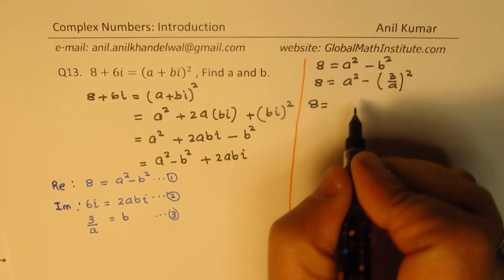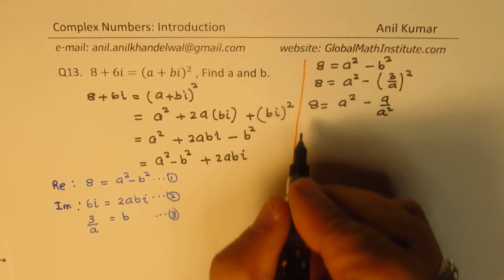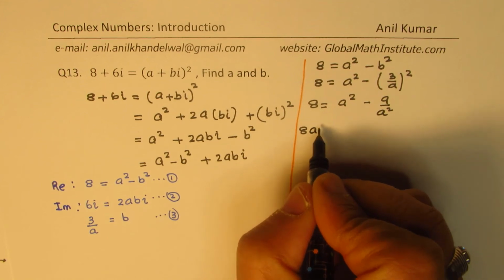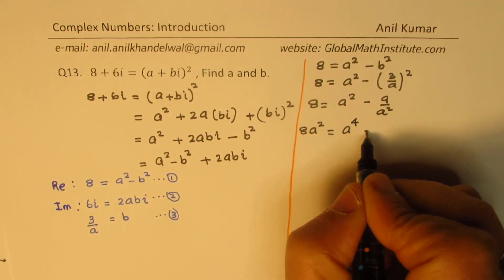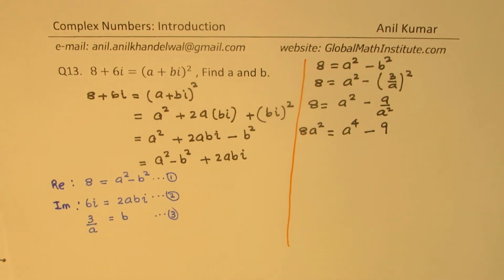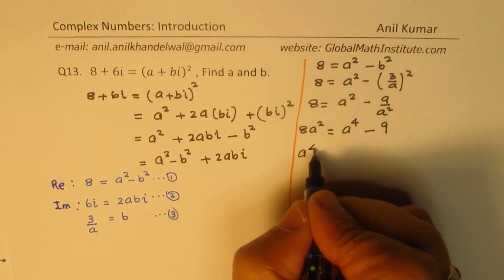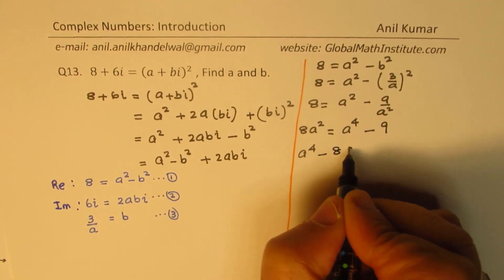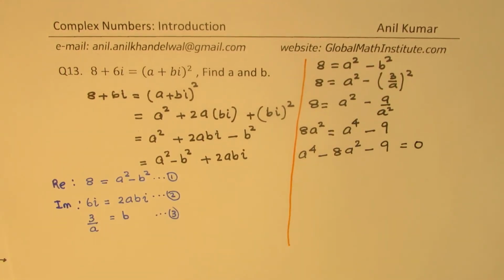So 8 = a² − (3/a)², which is 8 = a² − 9/a². Multiplying with a², we get 8a² = a⁴ − 9. So we do get a quadratic equation. To solve this, let's bring all the terms together: a⁴ − 8a² − 9 = 0.